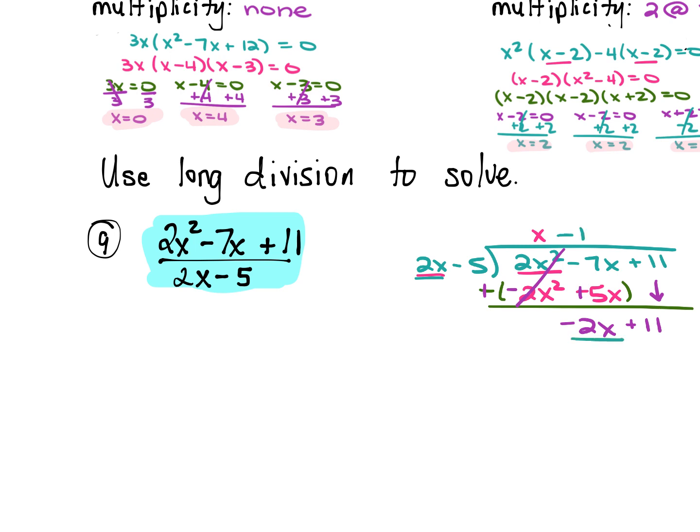So negative 1 times 2x is negative 2x. Negative 1 times 5 is positive 5. Subtract these or add the opposites. So the 2x's cancel. 11 minus 5 is 6. This gives you a final answer of x minus 1 plus 6 over 2x minus 5.